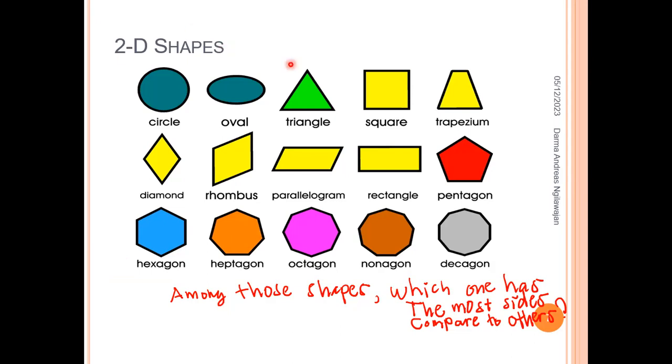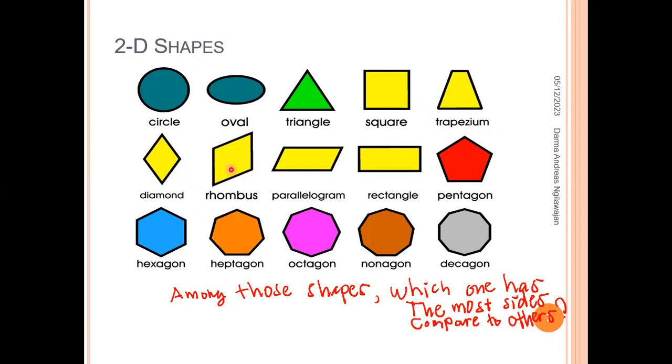Square, trapezium, diamond. What is diamond? Crystal in bahasa. Belah ketupat. Okay, tepat. What about rhombus?